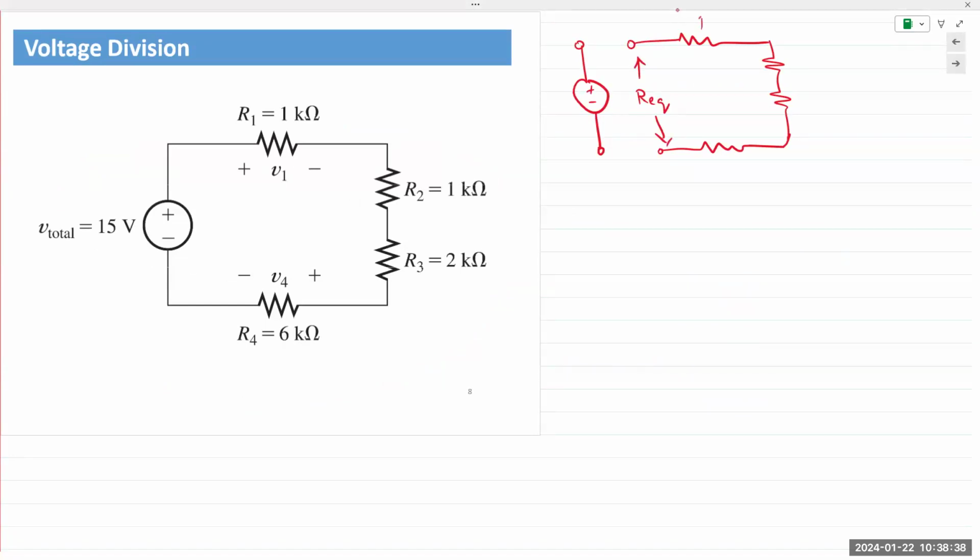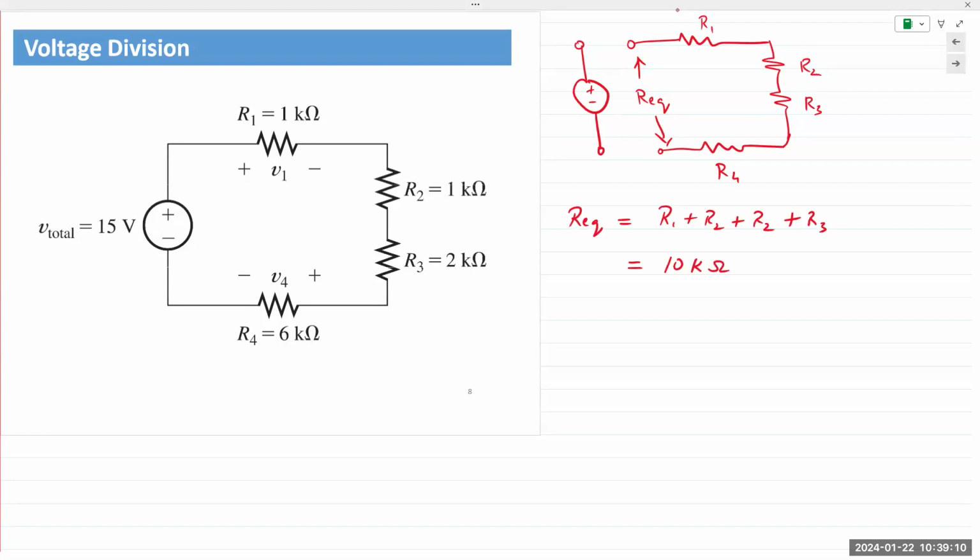So we have R1, R2, R3, and R4. Req, as you can see, these are all in series. So Req is simply the sum of the 4 resistances. So 10 kilo ohms.